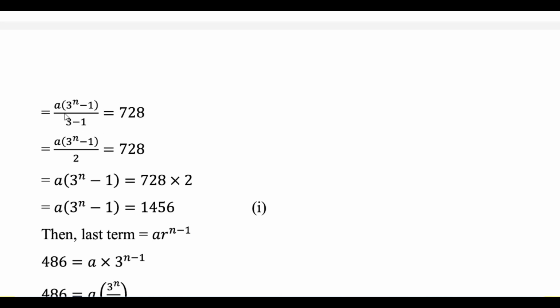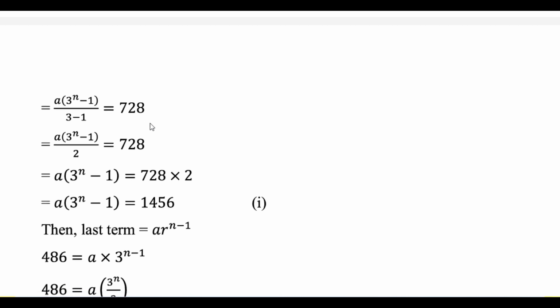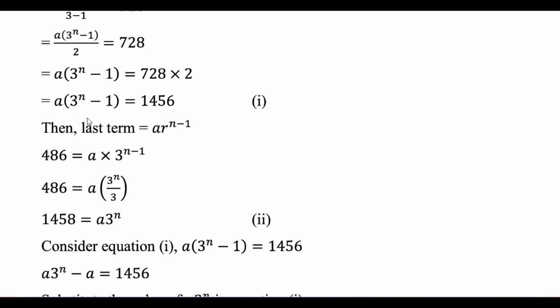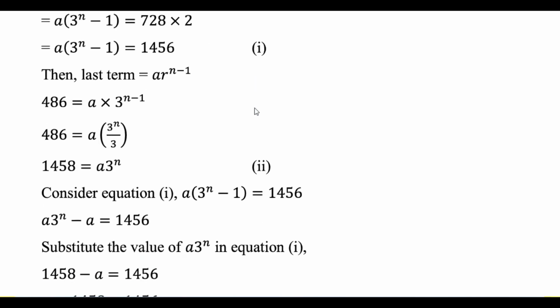After that, write a into 3 to the power n minus 1 divided by 3 minus 1 is equal to 728. A little bit of calculation, you will get this equation, and make it equation number 1. After that, last term ar to the power n minus 1, put the values, 486 is given, a into 3 to the power n minus 1.